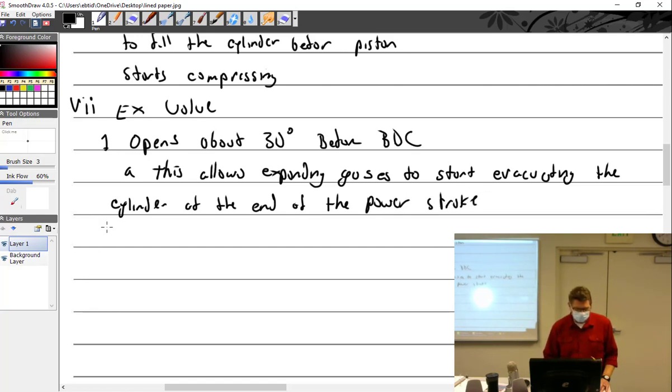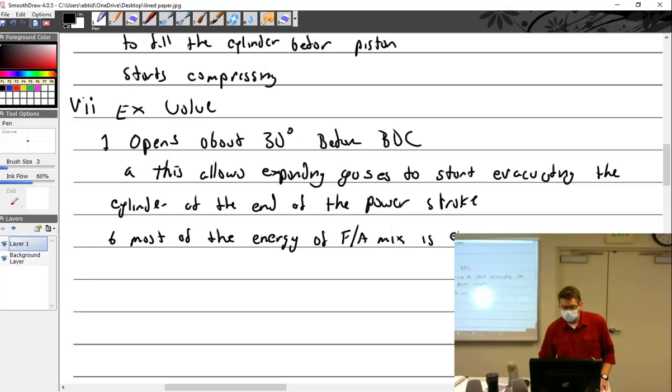The end of the power stroke, and let's see, most of the energy of the fuel air mixture, that's the stuff that was burned, is expended by about 80 to 120 degrees after top dead center of the power stroke.